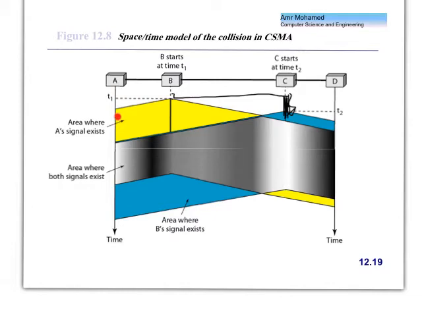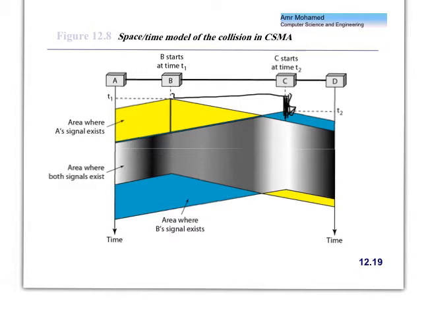Here, the energy level will be the normal energy level, which is slightly high, but you can distinguish that energy level from zero for sure. So you will know that there is one station transmitting for sure. How do you detect the collision?